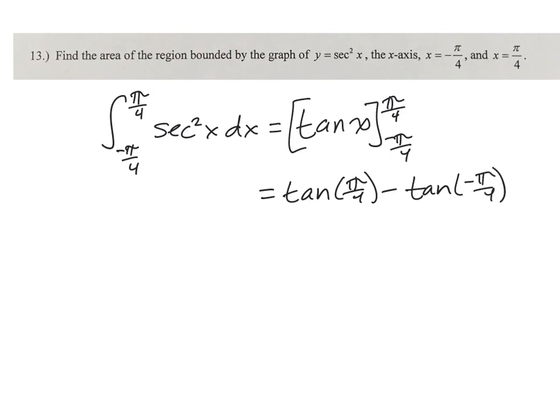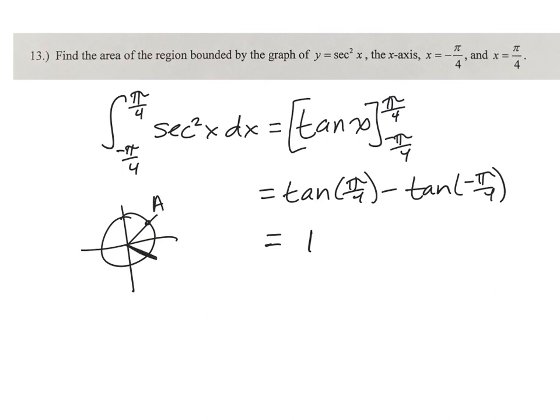All right, so if you recall, let me draw a unit circle here. At π/4, okay, tangent, that's where your x and y values are the same. And remember, tangent is y over x, so the tangent of π/4 is +1. And then at -π/4, let's see, that would be here, okay?